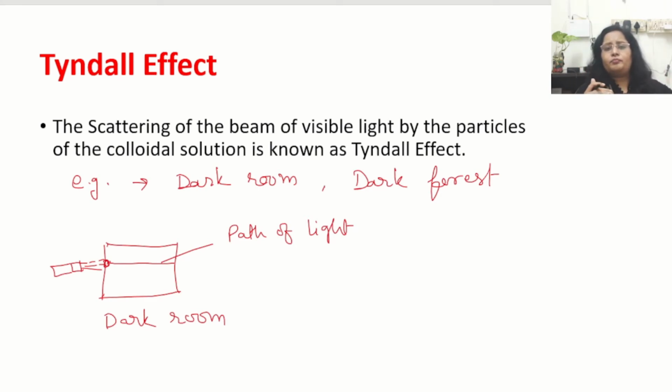And when sun rays pass through the forest leaves and come down, we see some beams of light. We don't have a fully lit daytime scene, but we have some rays of light in between that dark forest. This is called the Tyndall effect. So this is the whole story about colloidal solutions, their properties and the Tyndall effect.